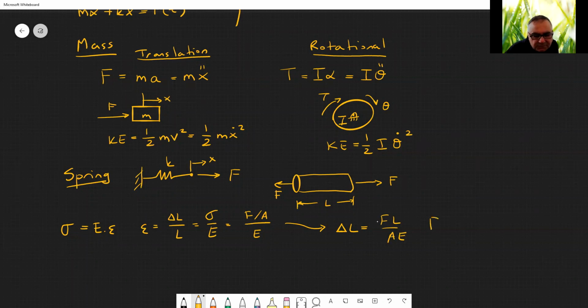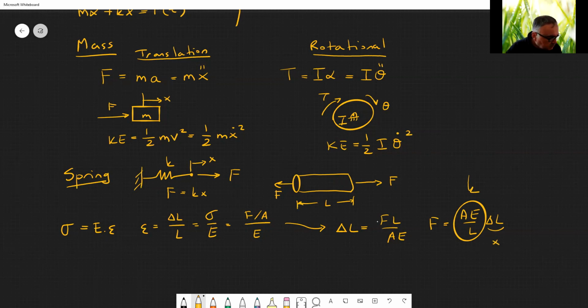So you can say that F is equal to AE over L times delta. And if now this is actually F equals K times delta X, if you like. We know that F equals Kx is the describing equation. So we can call this thing our spring constant K, and this will be our X.